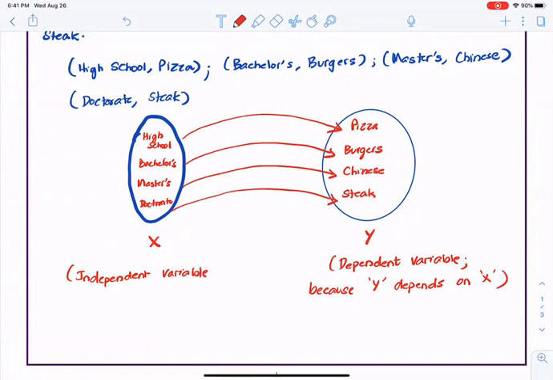The reason being, it doesn't depend on anything. So here, Y depends on X. So we call Y the dependent variable and X the independent variable. Later on, when we get into functions, we will stress this fact time and time again, because Y will always depend on X.